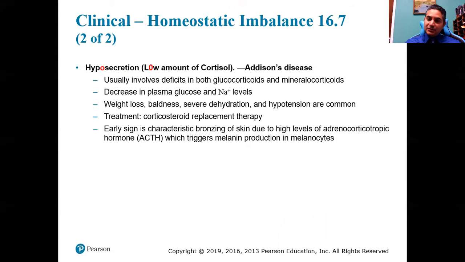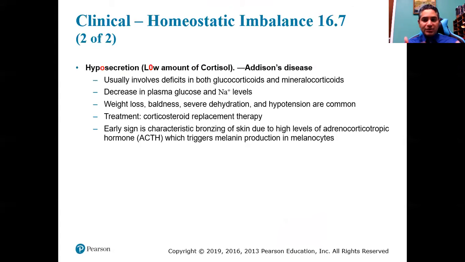Okay, let's look at the opposite end of the spectrum in terms of cortisol. We just discussed the high end. Let's go to that low end. So hypo, low, okay, Addison's disease. In this case, with hypo, low, we're not going to be thinking that it is due to some tumor or cancer, because with tumor and cancer we're going to have high replication of cells, right?